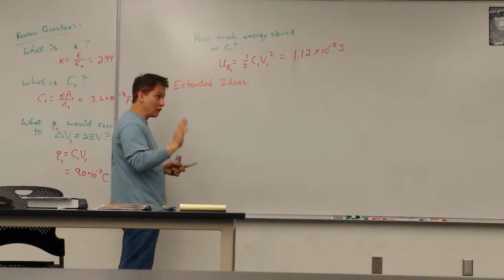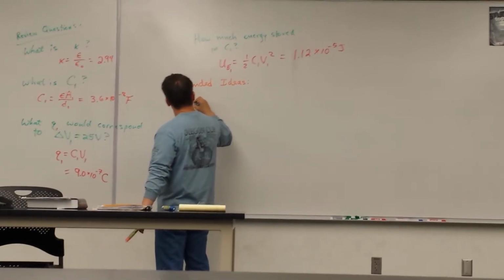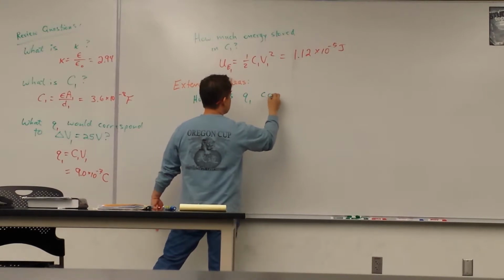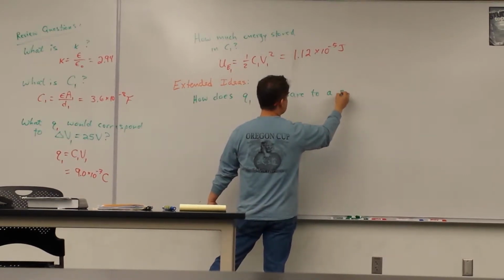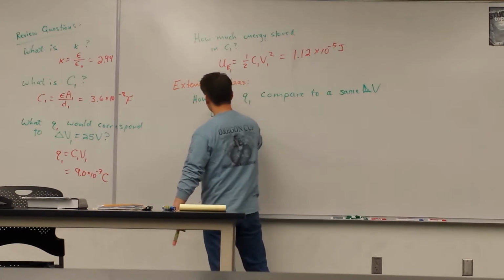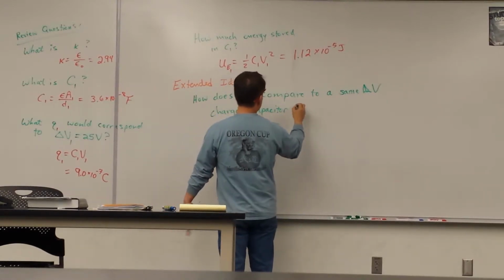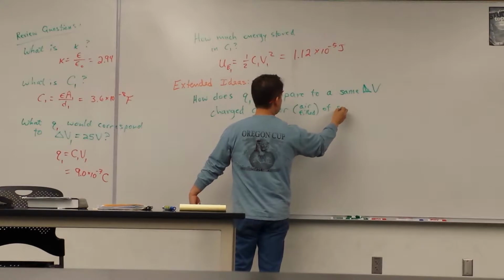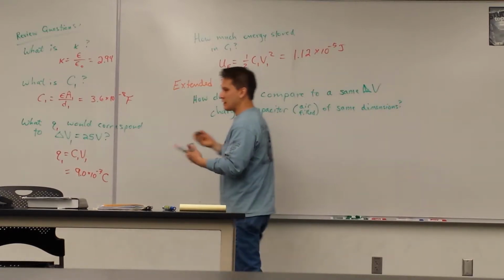How does this Q1 compare to a same delta V charged air-filled capacitor of the same dimensions? How would they compare?